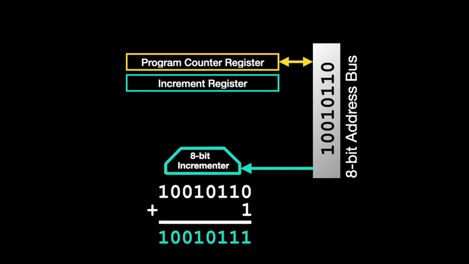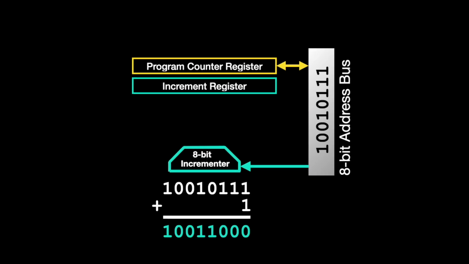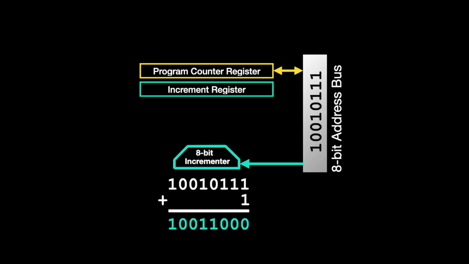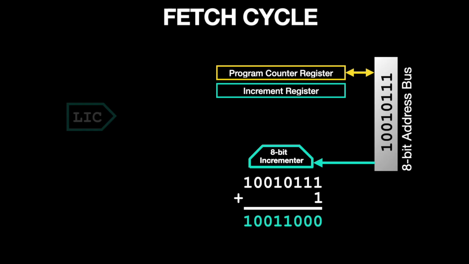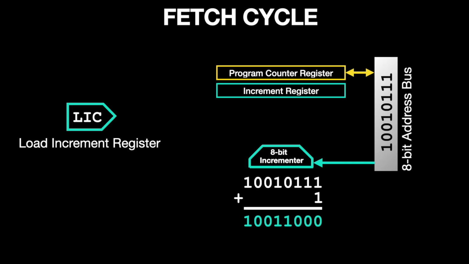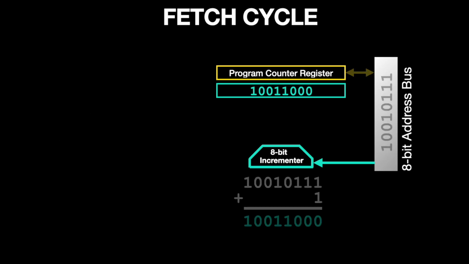Now I've included the program counter register as part of this diagram because both the incrementer and the program counter register work in tandem and are a critical component to what's commonly known as the instruction fetch cycle. When the load increment register control line is activated, whatever value is in the incrementer is stored in the increment register.